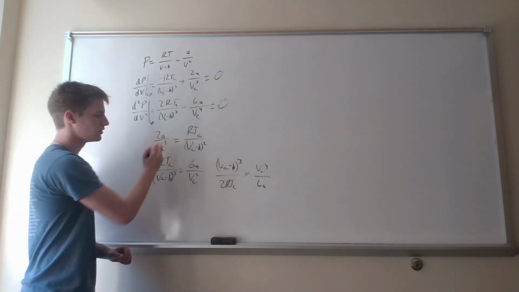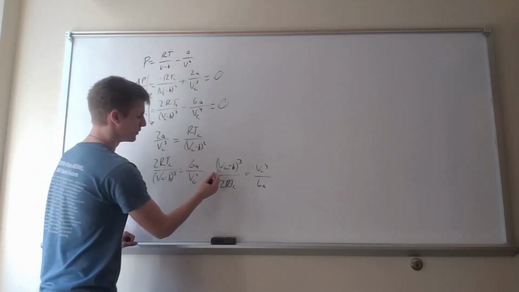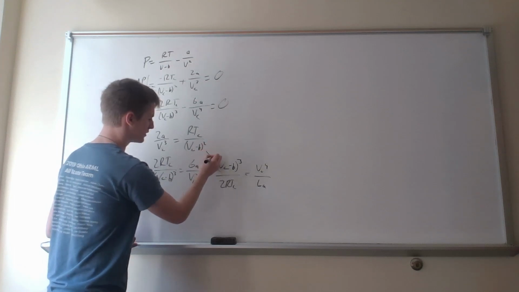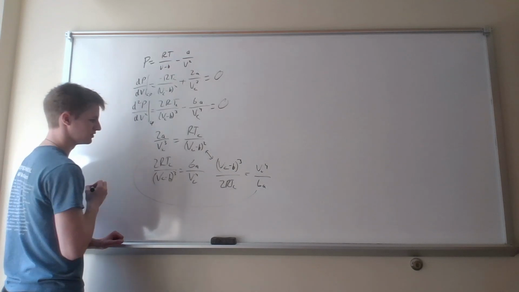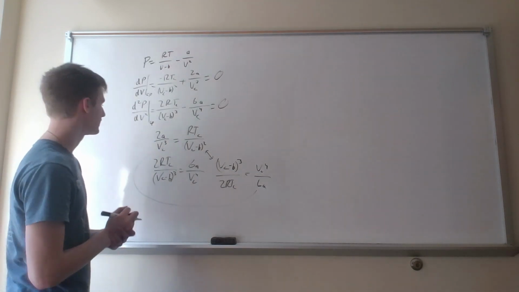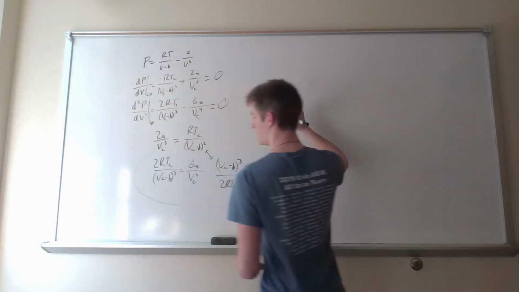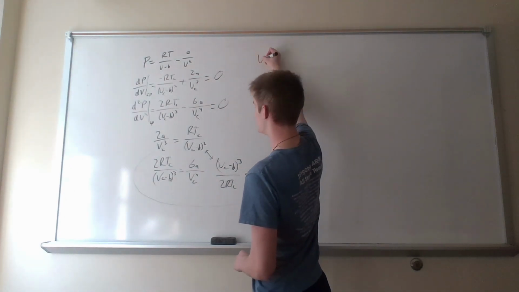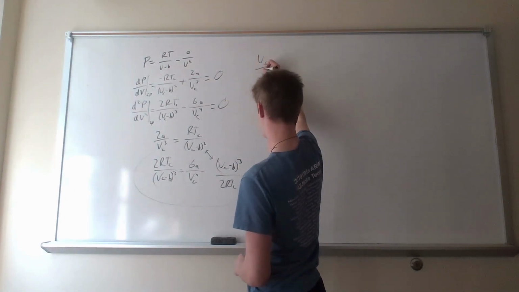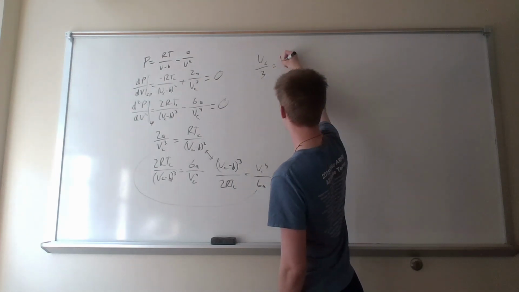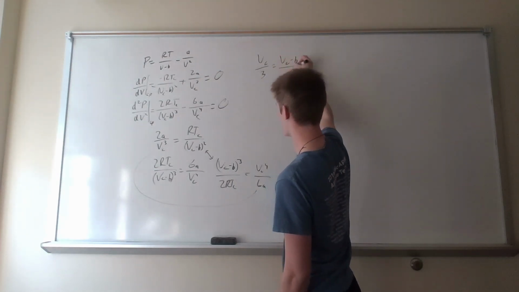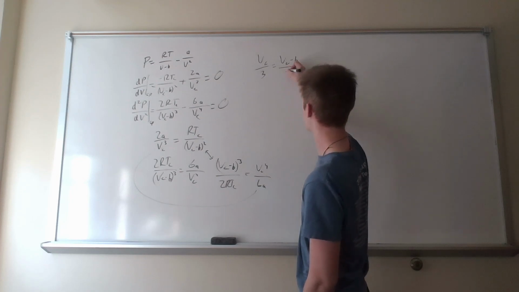And now if we multiply these two terms, and these two terms, we can get (Vc minus B) over 3 equals Vc minus B over 2, right?